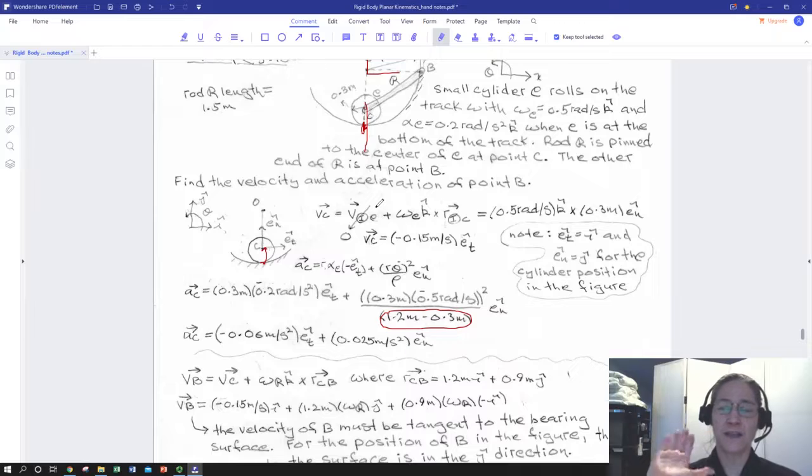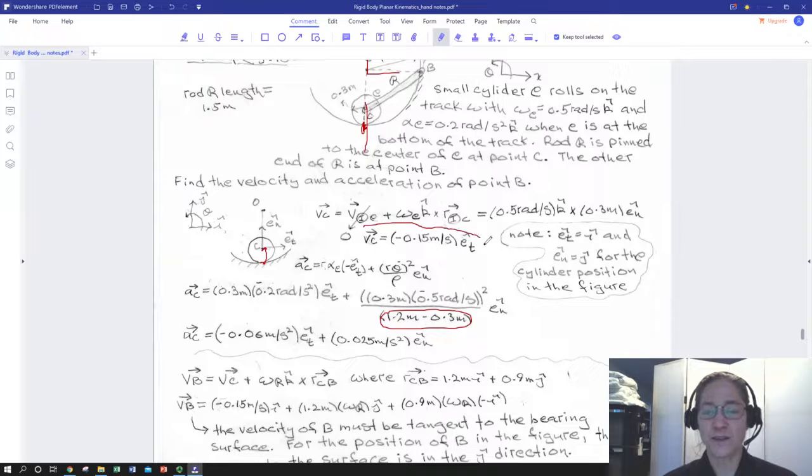If I cross that into j hat, my thumb's pointing in the negative i hat direction. So the velocity of my center point is negative 1.5 meters per second in the tangential direction, and negative 1.5 meters per second in the i hat direction, since e_t and i hat are the same.